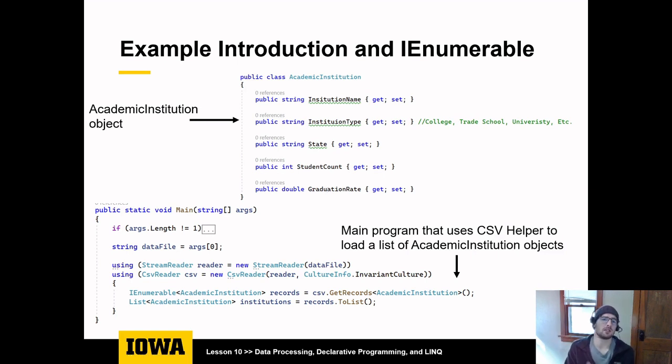So it's just a normal class as we've seen, and as we saw with lesson 9, we can load this data from a CSV file using CSV helper, and what we get back is a list of academic institution objects. Okay, so institutions is our list of objects, and we're going to use LINQ to write queries about this list of objects.